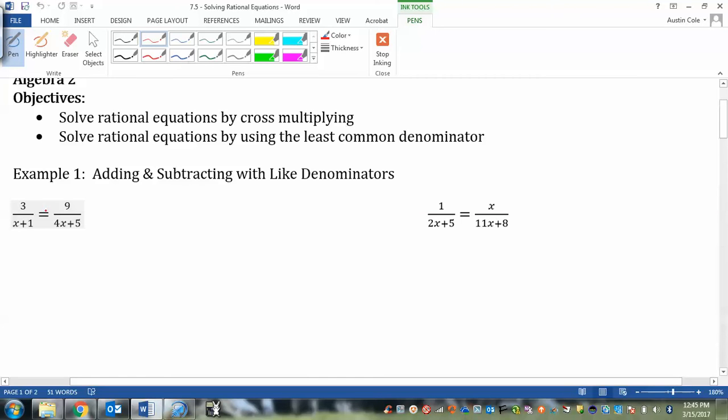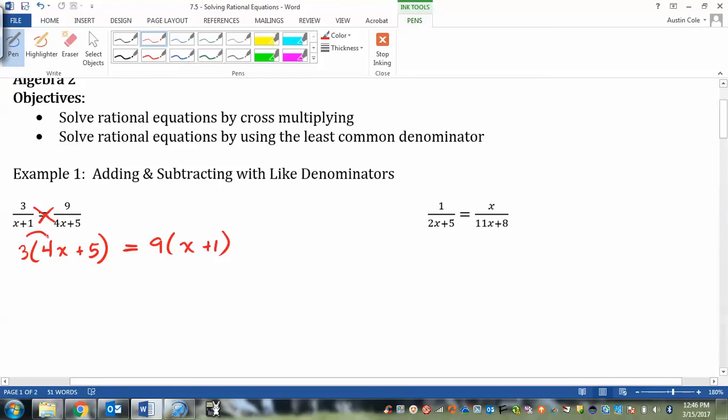So I'm going to take 3 times 4x plus 5, and set that equal to x plus 1 times 9. I'm going to write that as 9 times x plus 1. And now we're just solving that equation.